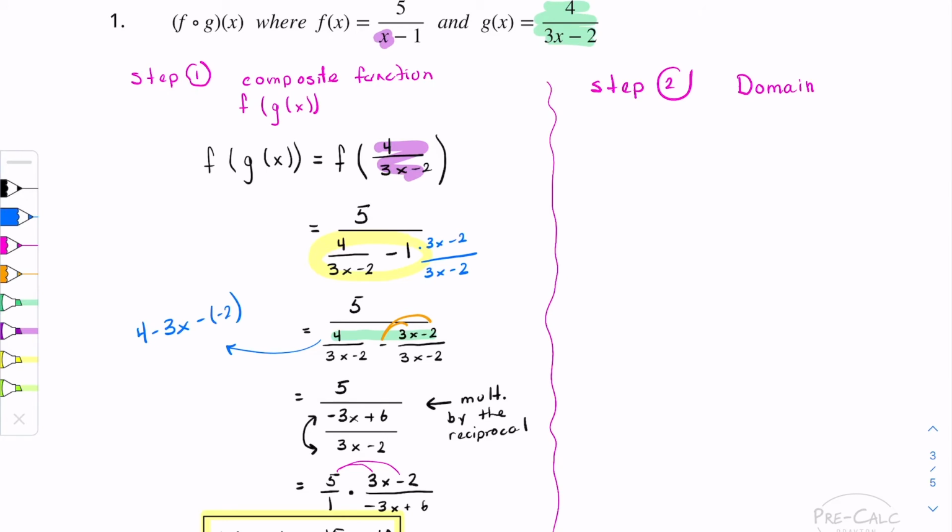We need to find the domain of the inside function. In this example, the inside function is g of x. And then after we find the domain of g of x, we need to determine the domain of the composite function, or f of g of x.